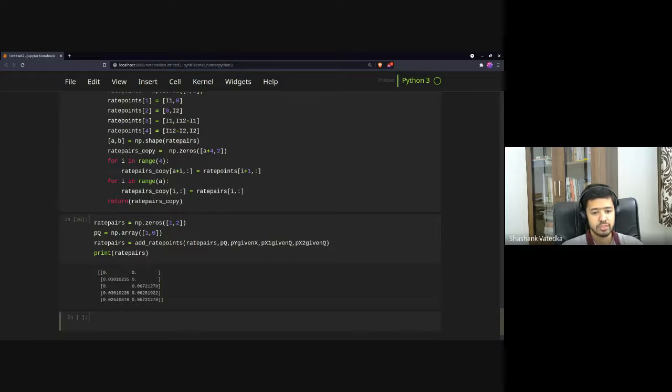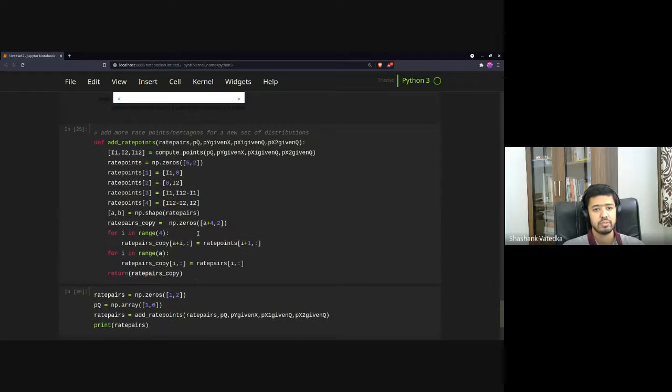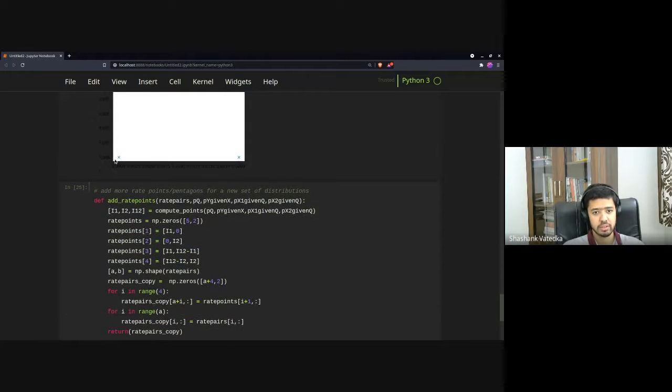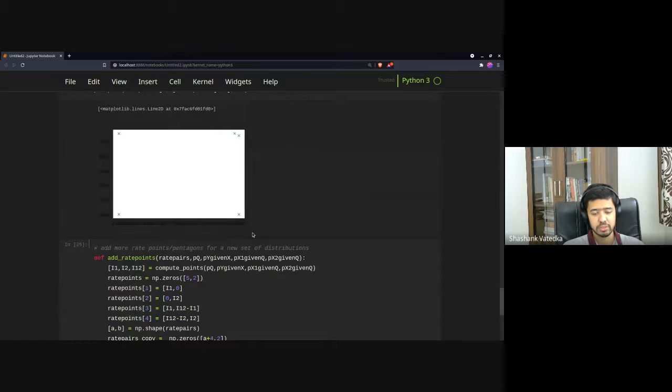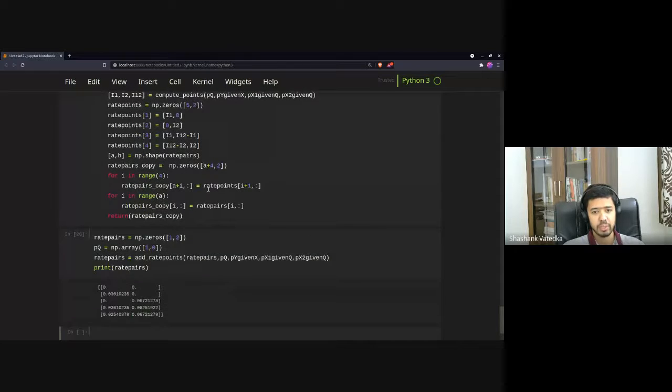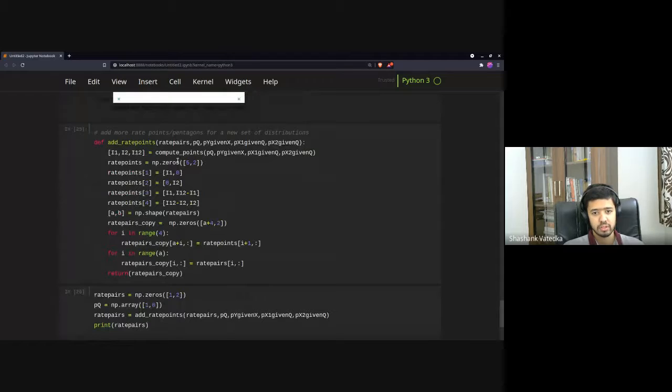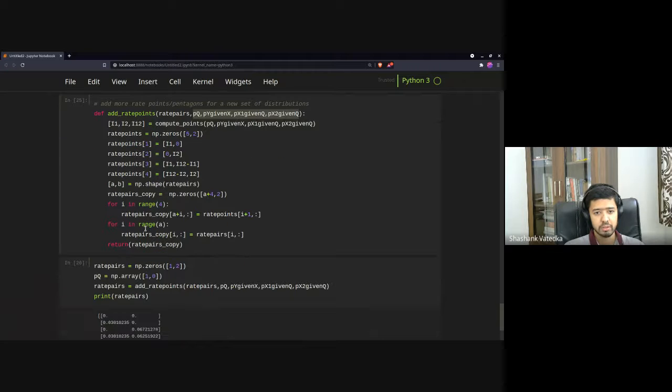So it's fixed. Okay, sorry for the little bit of confusion. So essentially what we're doing here, we've computed a set of rate points. This function is computing those 5 points of the pentagon, and I'm just appending the new points for a new PQ, PY given X, PX1 given Q, and PX2 given Q. I'm computing a new set of rate points, and I'm adding those points to this particular array.